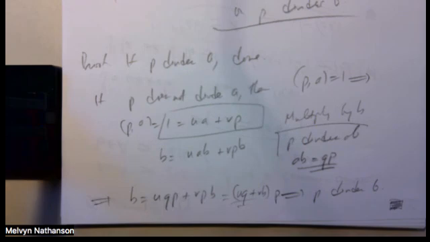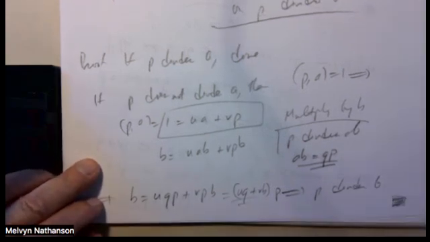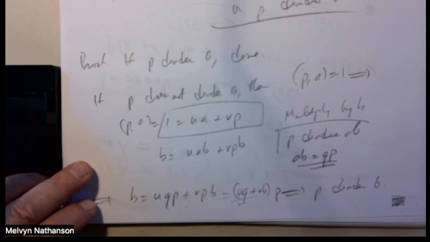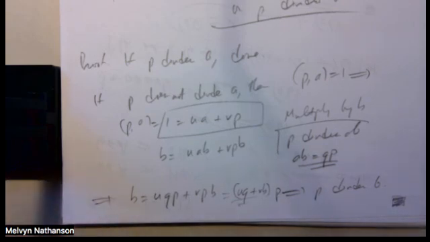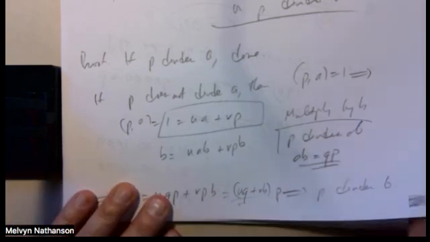If a prime divides a product of two numbers, then it divides one of the factors, right? So this is not true for numbers that are not prime. Let me just give an example. So let me just repeat.